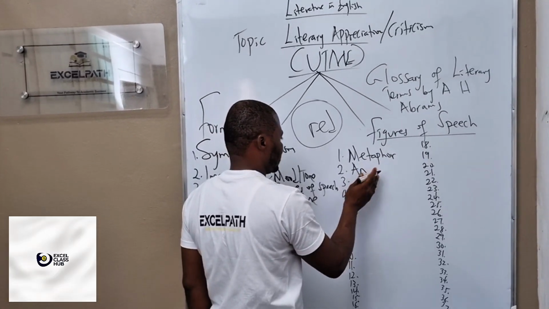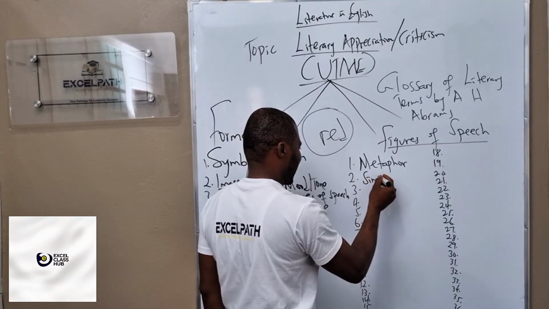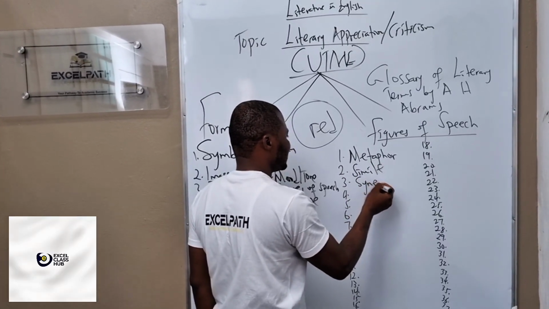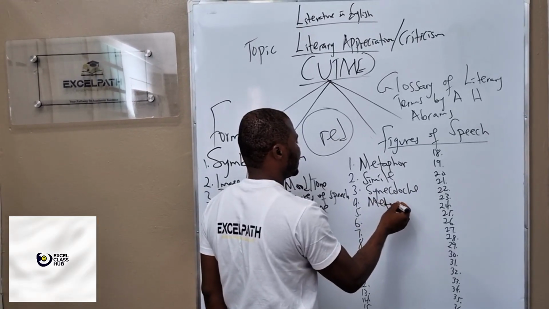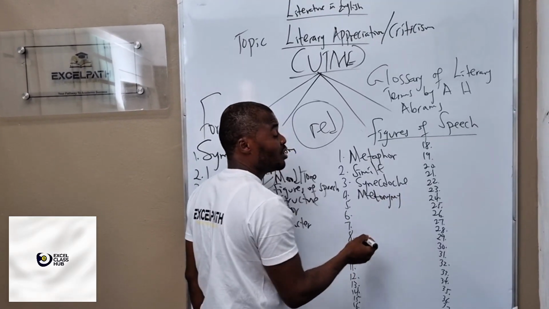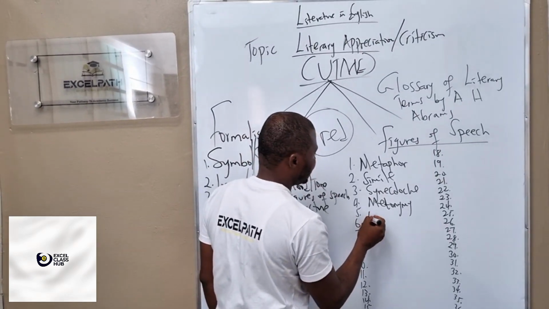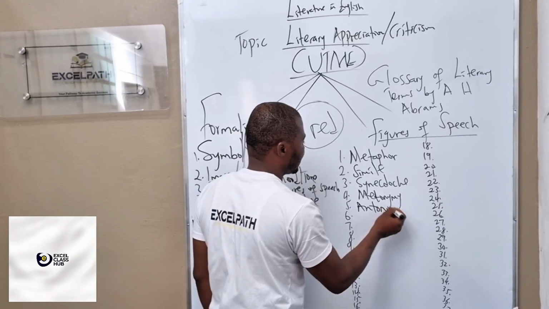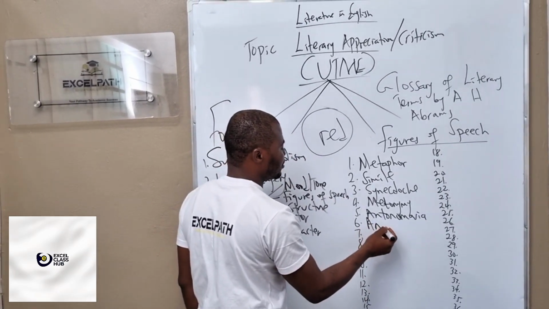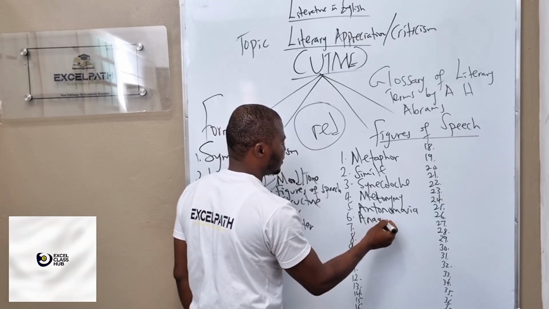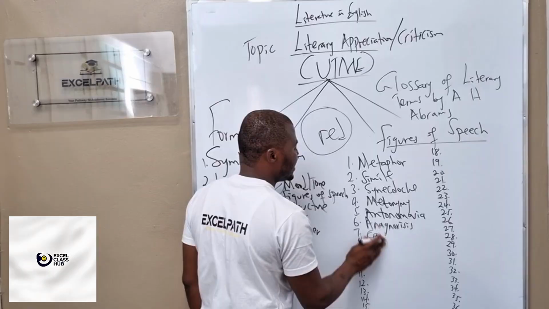Another one is simile. Another one is synecdoche. Another one is metonymy. Another one is antonomasia. Another one is anagnorisis. Another one is carpe diem.